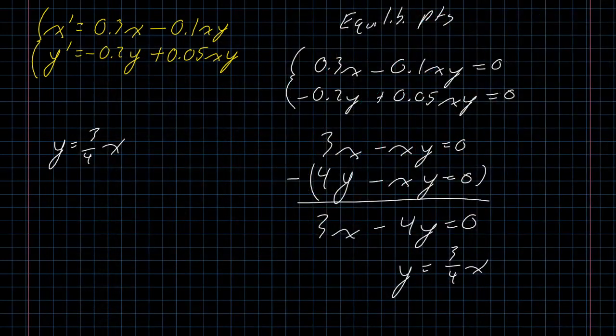As we wrap up, I want to go back to the one that we looked at previously. I had you look previously at x prime equals cosine of y and y prime equals 2x minus y.